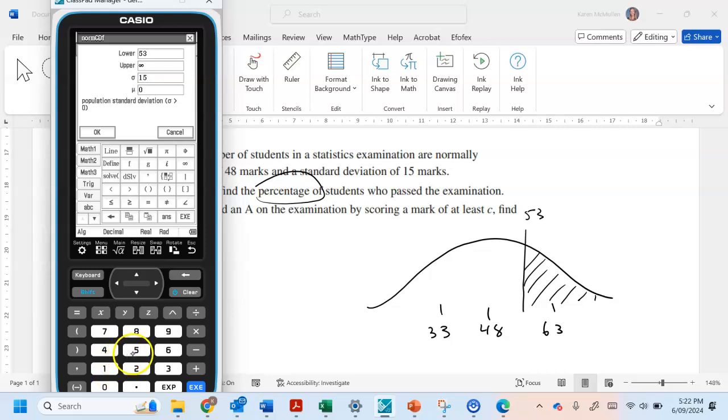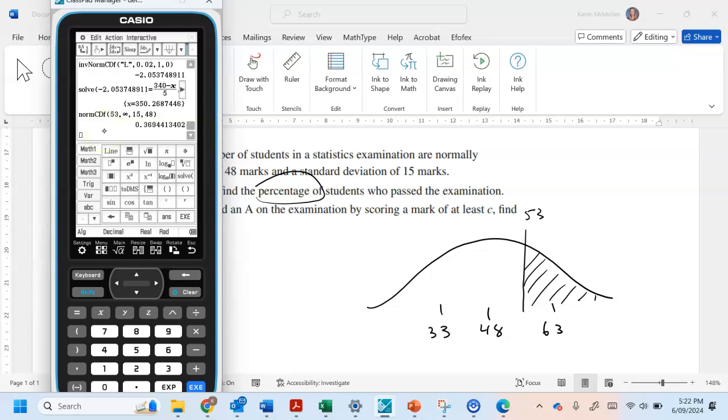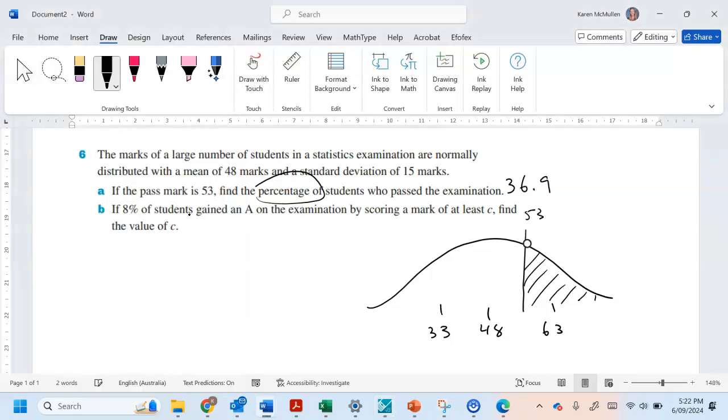So our standard deviation is 15 and our mean is 48. Alright, so we've got that as a probability, so we can just multiply it by 100. So 36.9%, which we expected. We did want something less than 50%.